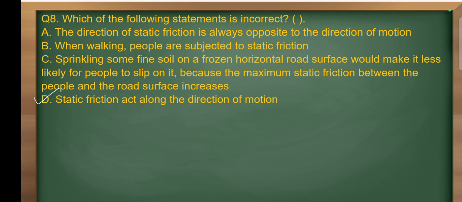This option is also correct. Sprinkling some fine soil on a frozen horizontal road surface would make it less likely for people to slip because the maximum static friction between the people and the road surface increases. This option is correct because when we sprinkle some soil on a road, it increases the static friction.